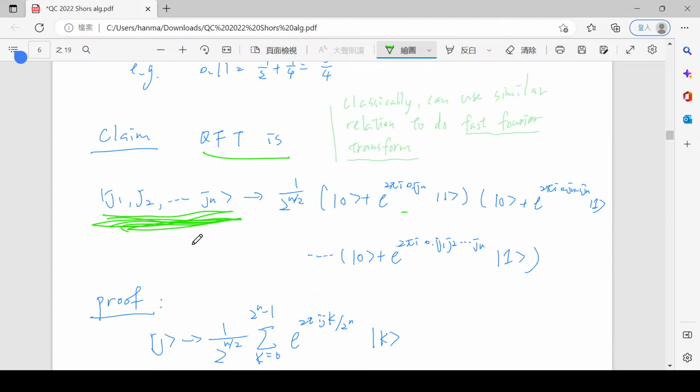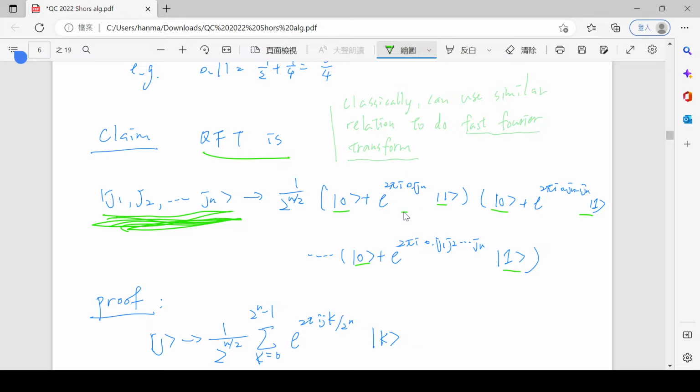Then your circuit should turn it into this thing, which is kind of like a whole bunch of Hadamards, except you have this weird phase. Every qubit turns into a sum of 0 and 1, so you're doing Hadamard on everything, but you also need to multiply each one by this weird phase.